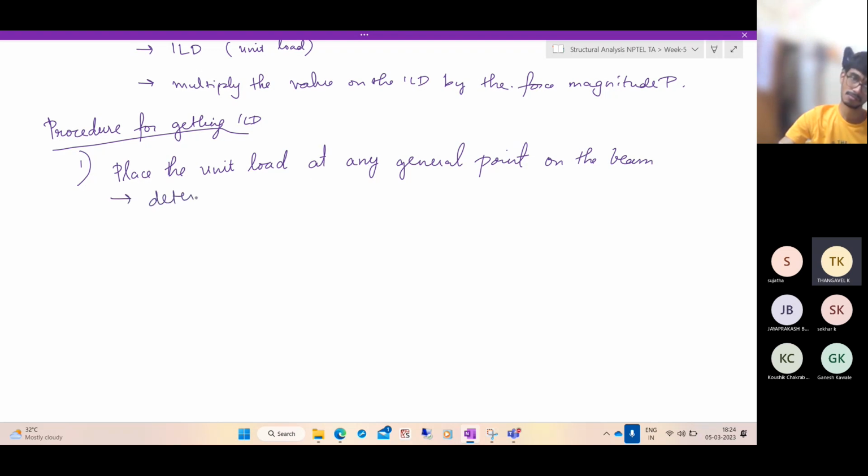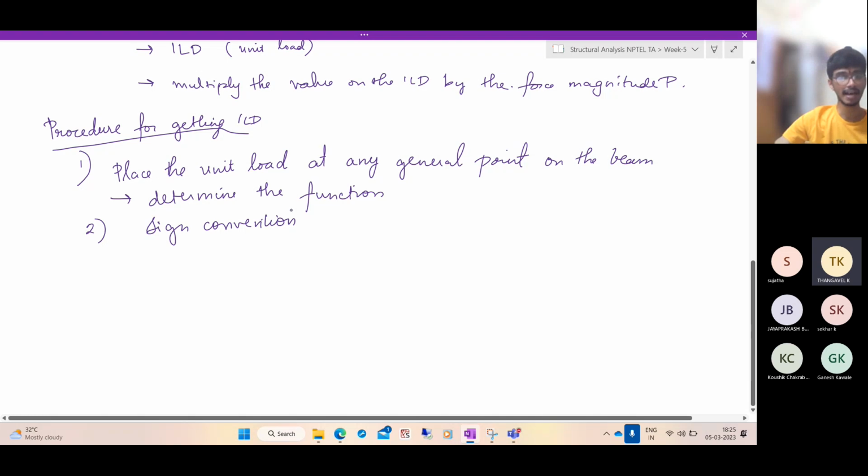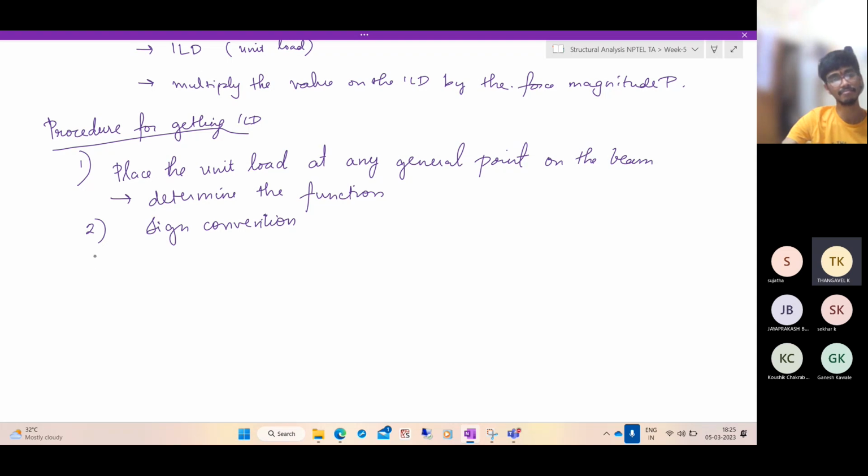Determine the functions of interest, whichever function we want to find out, and apply the sign convention. Simple. So this is the actual procedure, but some tricks help us to find out the ILD in a simpler way.